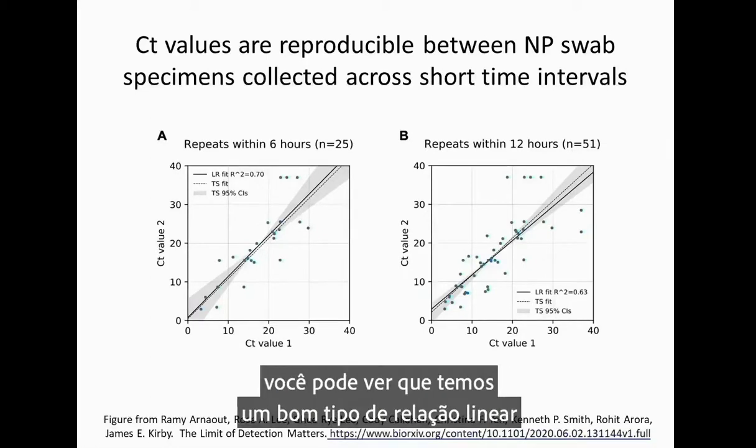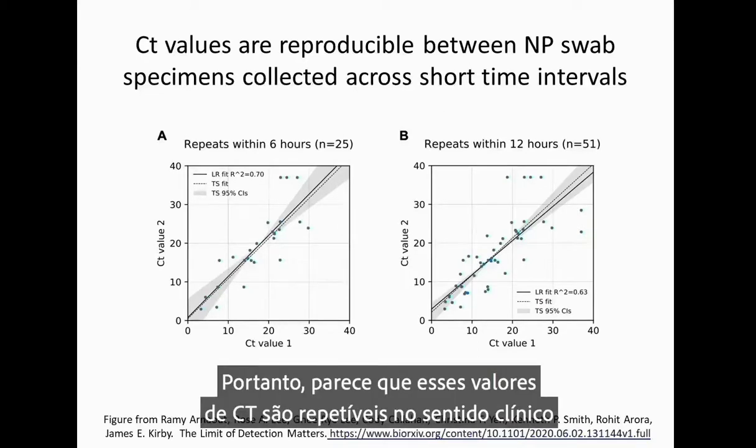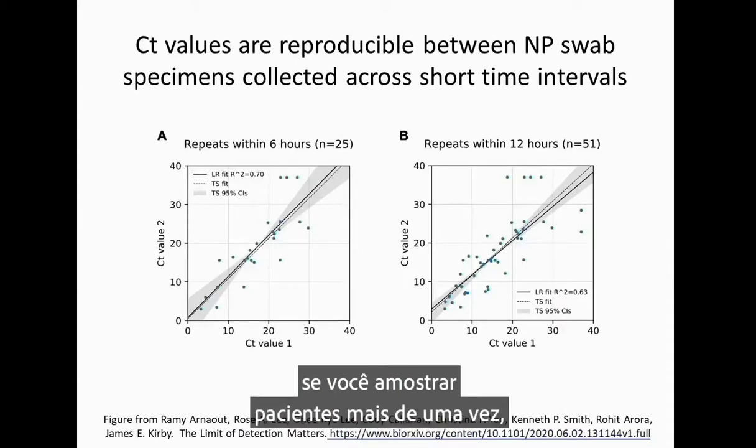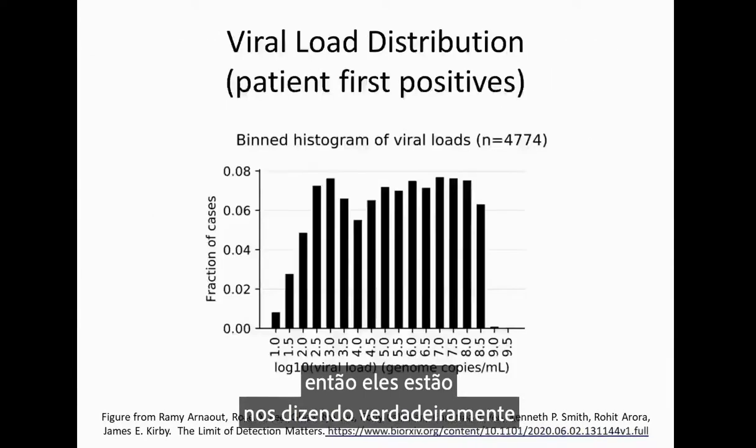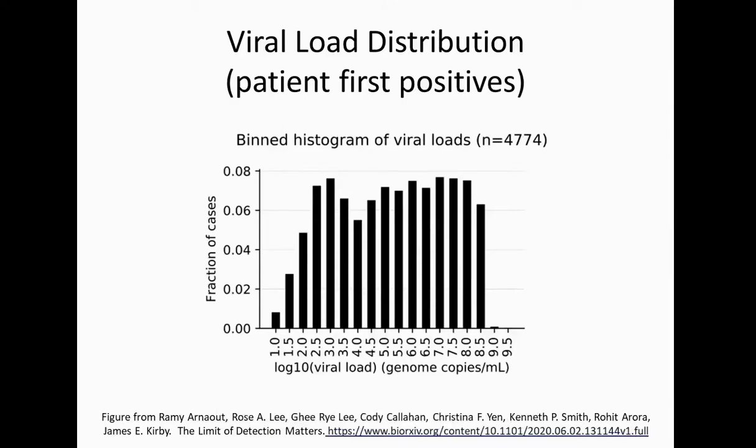You can see that we have a nice linear relationship throughout the range of CT values that we would obtain. So it looks like those CT values are repeatable in a clinical sense if you sample patients more than once. So they're telling us truly about a status of our patients.